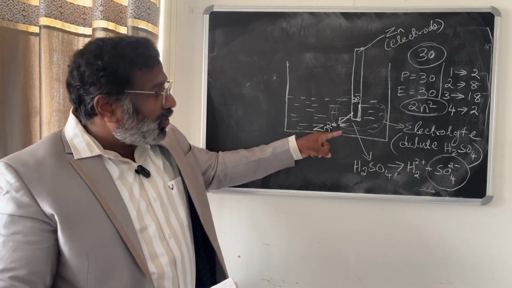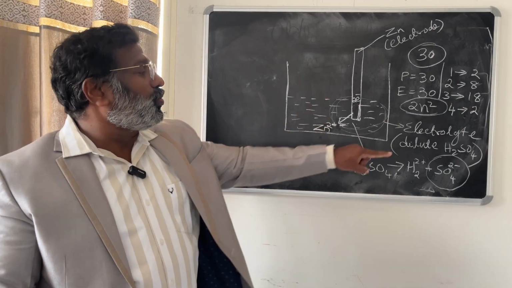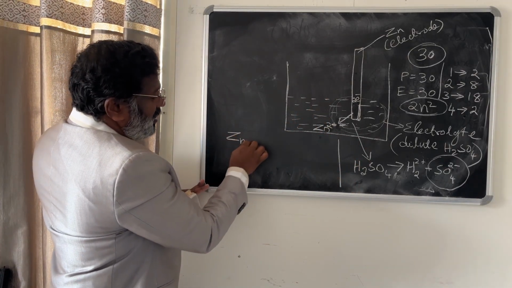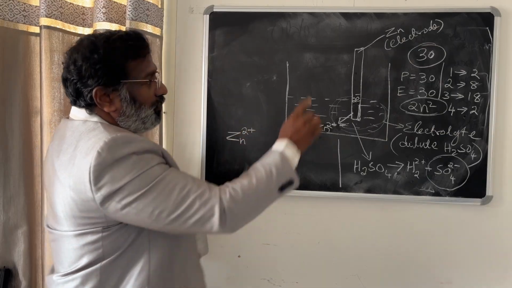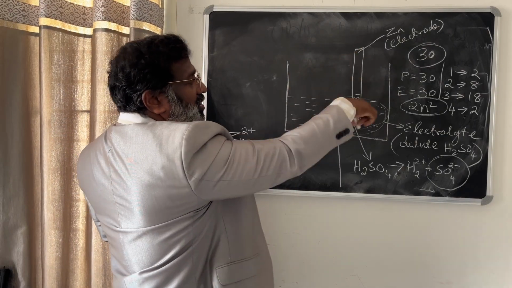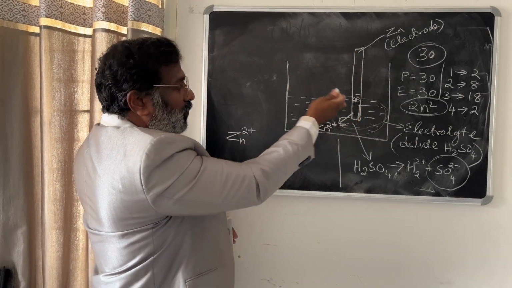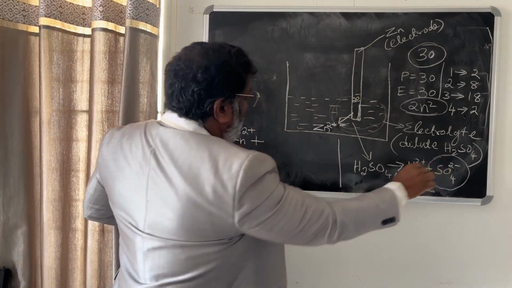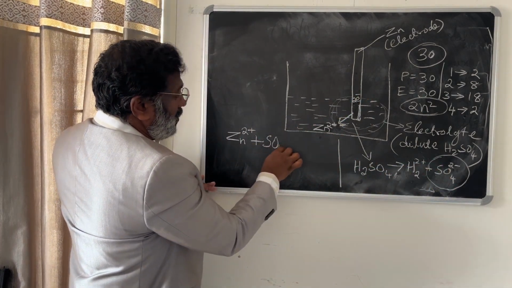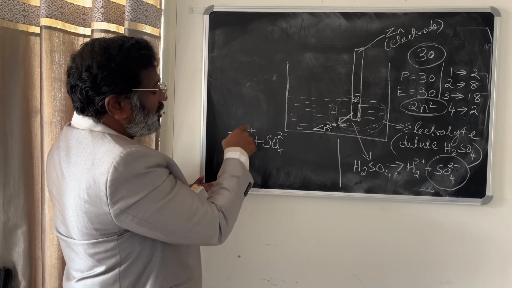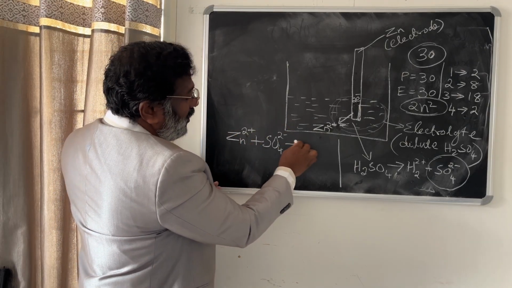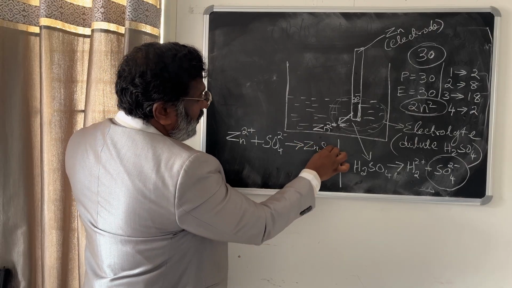Here there is a shortage of 2 electrons, so these 2 combine. The next reaction is that the zinc ion coming out of the zinc electrode because of chemical force combines with the sulfate ion. Zinc has a shortage of 2 electrons, sulfate has 2 excess electrons, and they combine together to form zinc sulfate.